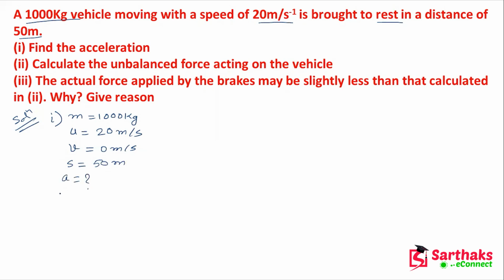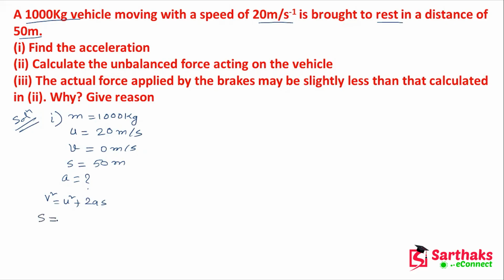Okay, so we know the third equation of motion, v square equals u square plus 2as. V is the final velocity, u is the initial velocity, a is the acceleration, s is the distance.